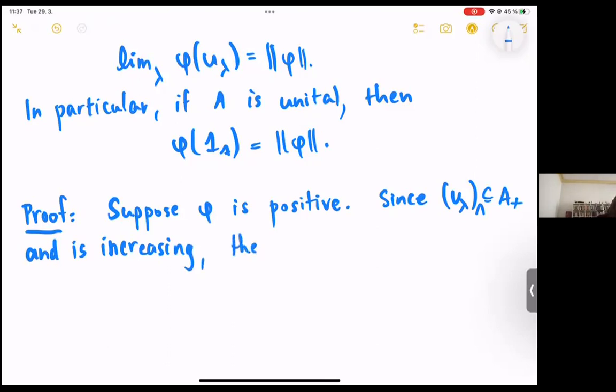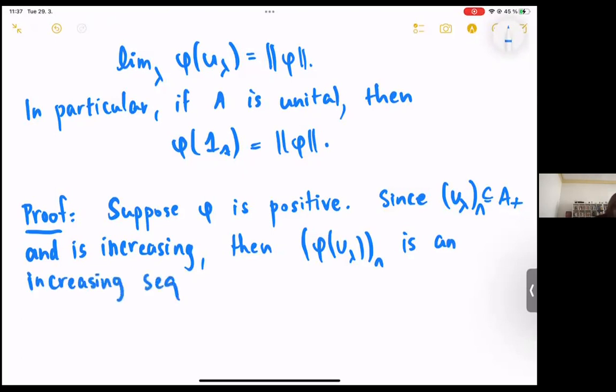Then the corresponding sequence we get in the complex numbers, well, this is an increasing sequence of positive real numbers. Moreover, our approximate unit is bounded.